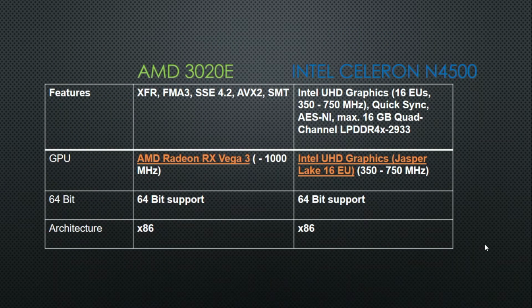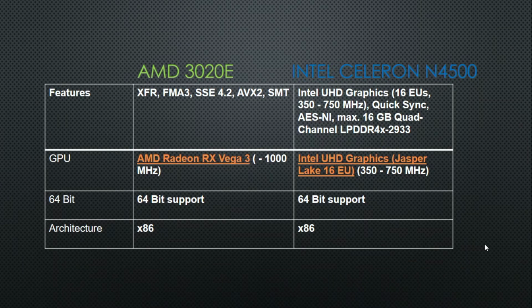For their features, the AMD 3020E has XFR, FMA3, SSE 4.2, AVX2, and SMT, while the Intel Celeron N4500 has Intel UHD Graphics with 16 EUs ranging from 350 to 750 MHz, QuickSync, AES-NI, with a maximum of 16 gigabytes quad channel LPDDR4X 2933.